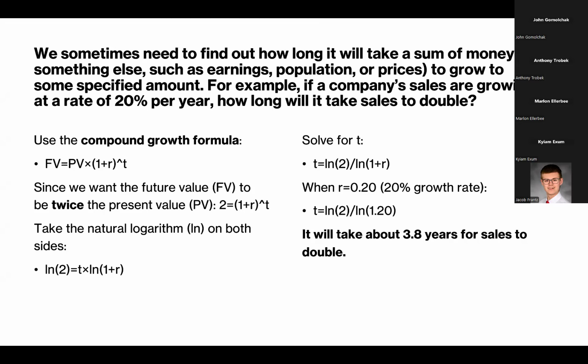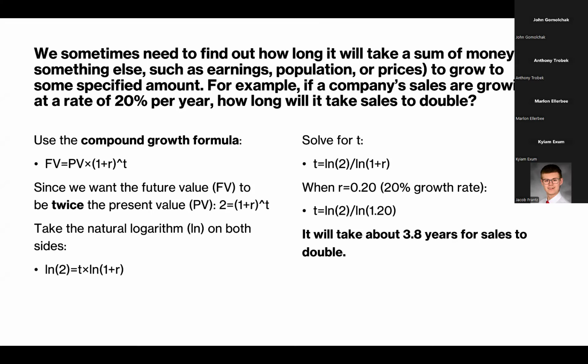The next question: we sometimes need to find out how long it will take a sum of money or something else, such as earnings, population, or prices, to grow to be some specified amount. For example, if a company's sales are growing at a rate of 20% per year, how long will it take sales to double? So I used the compound growth formula, which I showed here. Since we want the future value to be twice the present value, 2 would equal (1 plus r) to the power of t.